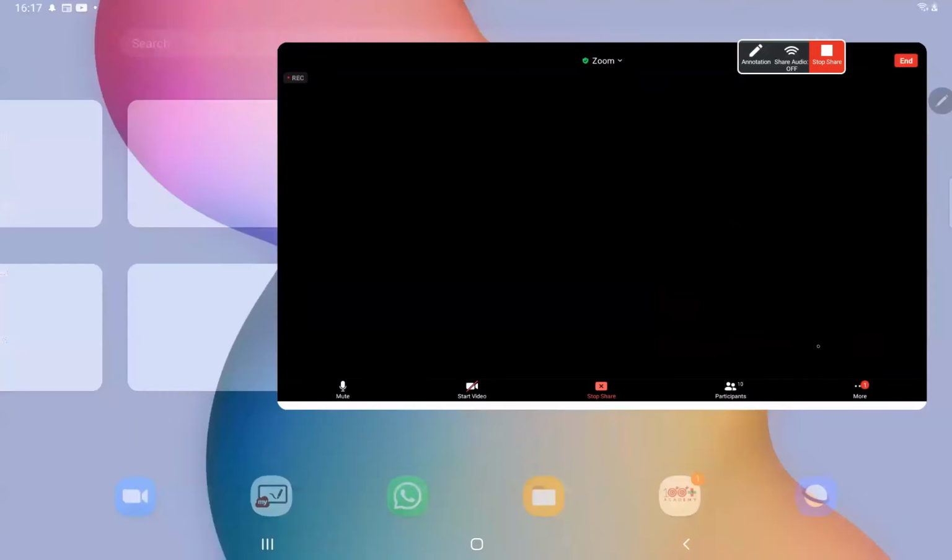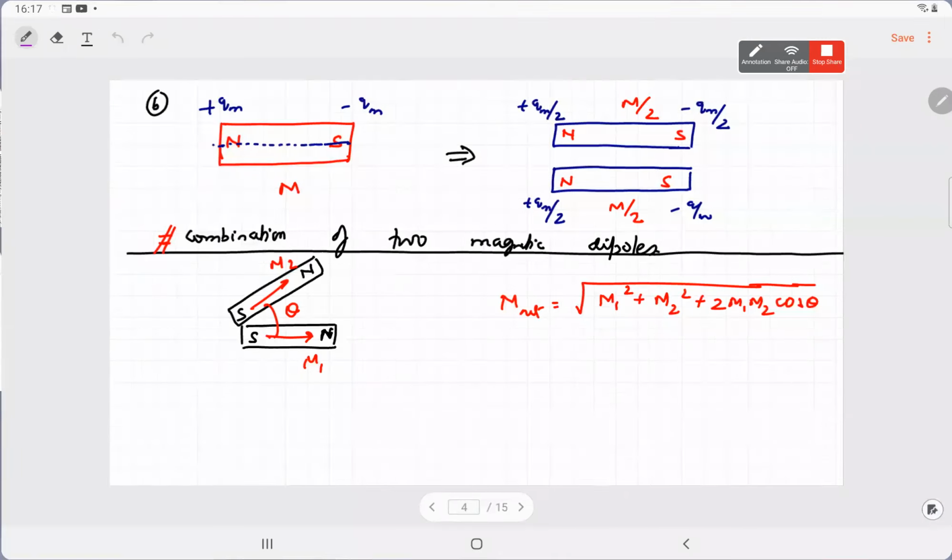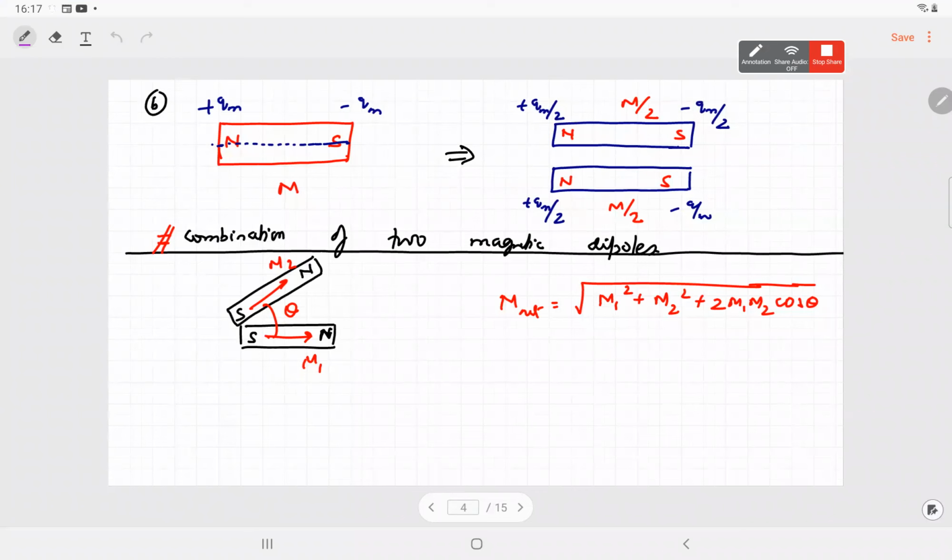So when a magnet is broken, we are not able to separate the poles. It forms another dipole with a different dipole moment.